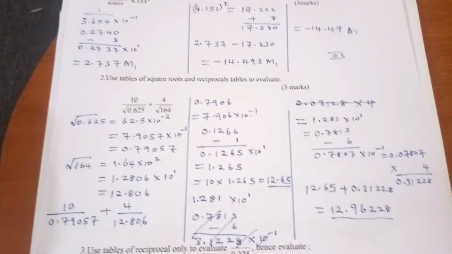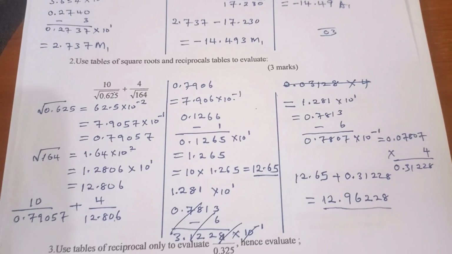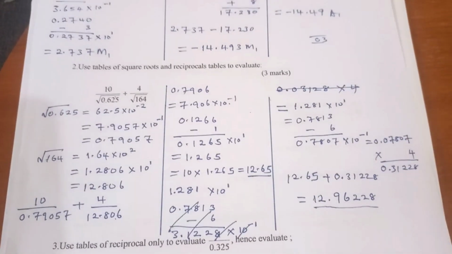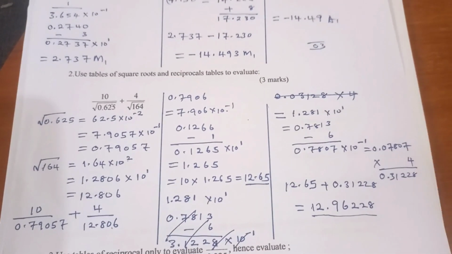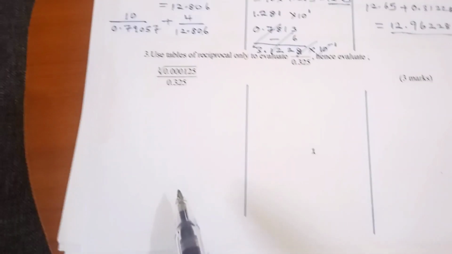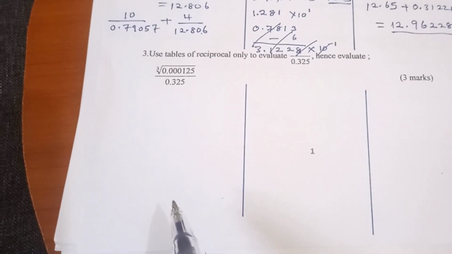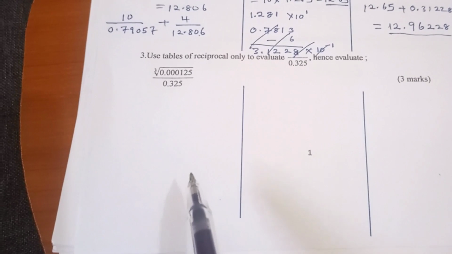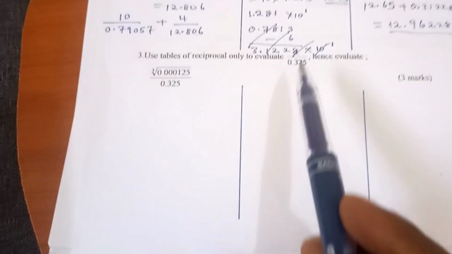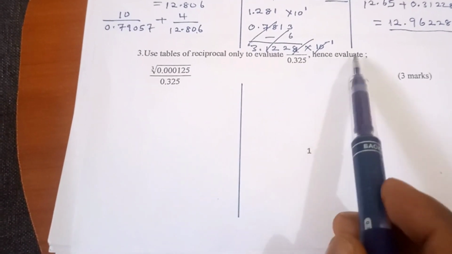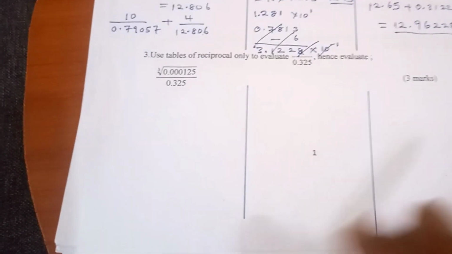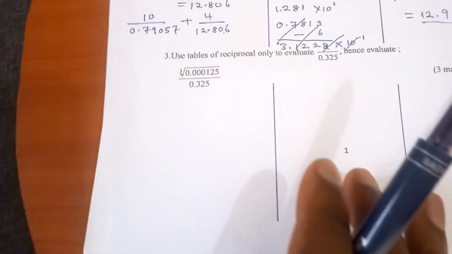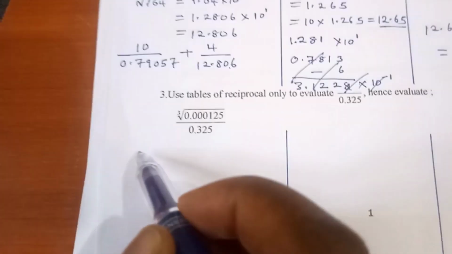So we'll proceed to the third question. Use tables of reciprocal only to evaluate 1 over 0.325. Hence evaluate the cube root of 0.000125 divided by 0.325.